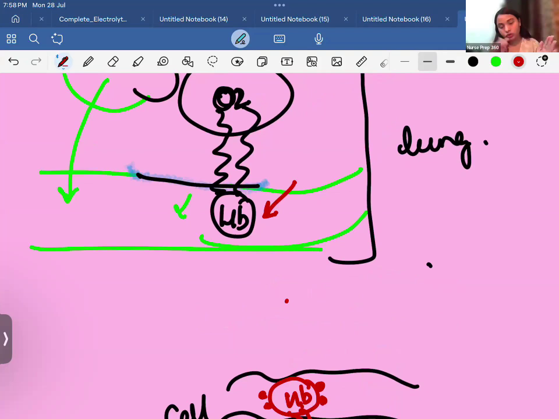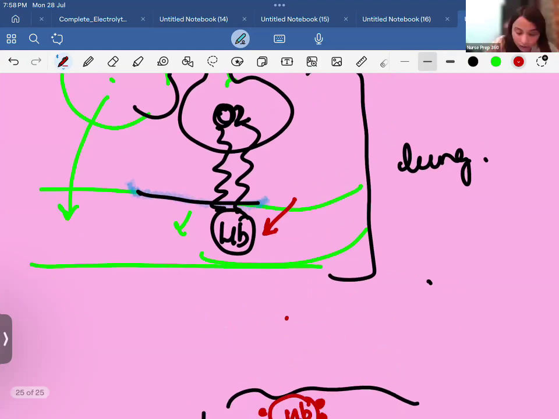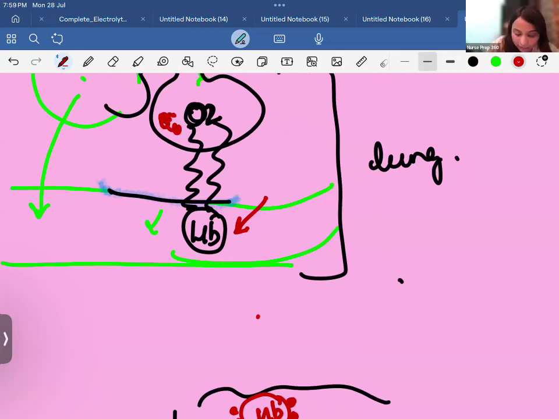Now, what is the importance of this? When a patient has pneumonia, the alveoli get filled with fluid.